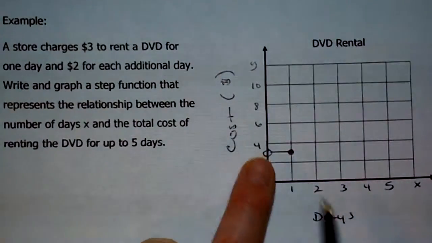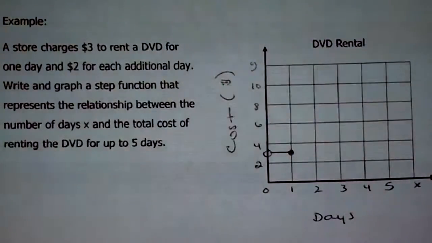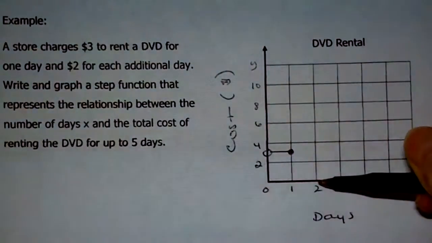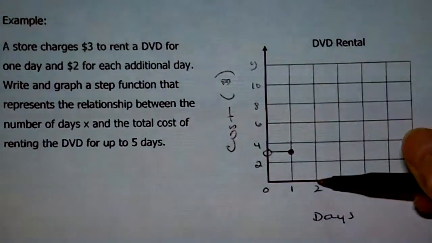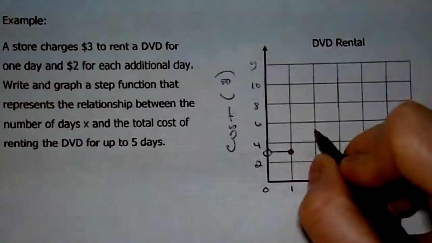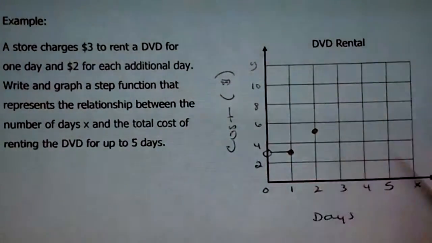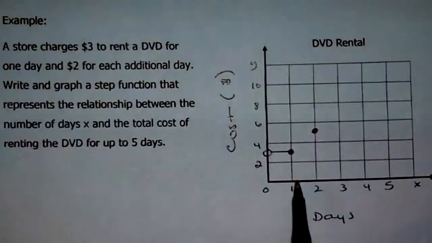Okay? Now, it's $2 for each additional day, right? So if I have this movie for 2 days total, I'm going to end up paying the $3 for the first day and the $2 for the second. So now I'm at $5. So for 2 days, I would pay $5. Alright, so we have time between 1 and 2 days. I can have that movie for 1.5 days.